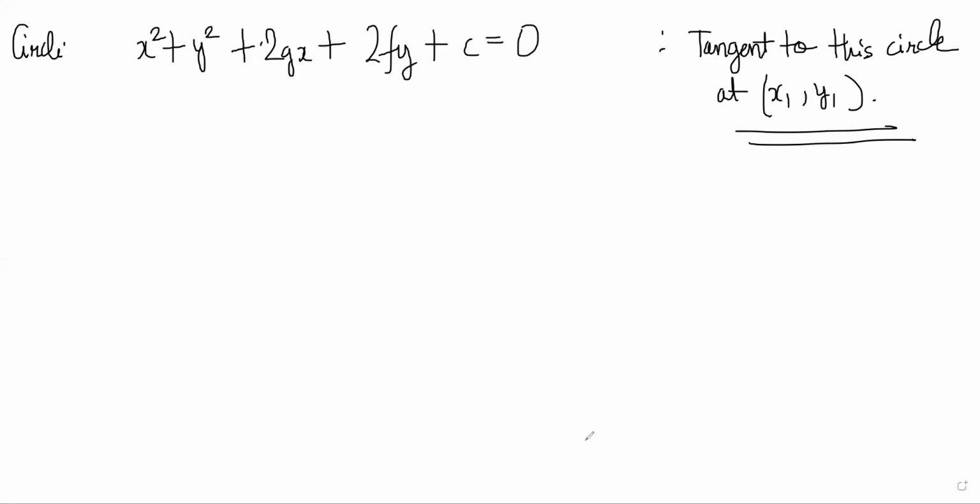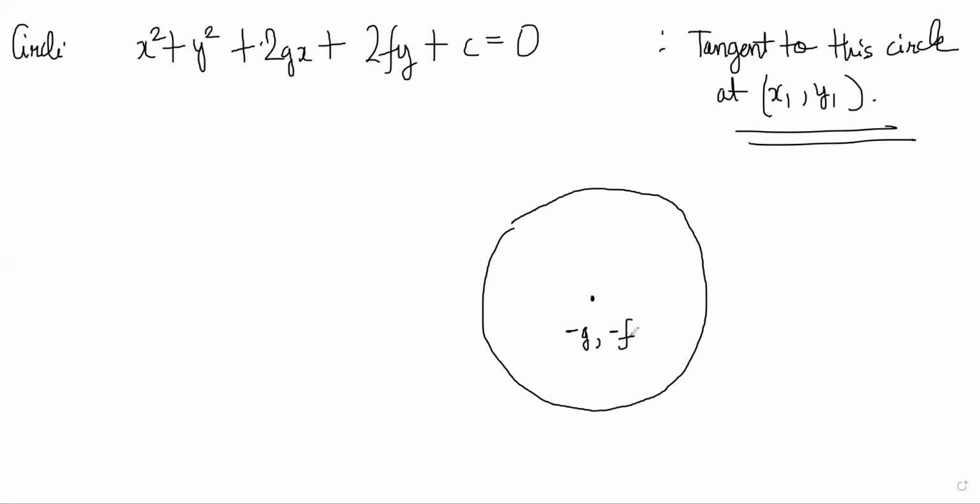So the approach is the same. You have to realize that the circle's center is something else. The equation we have for the circle is in general form, where the center is (negative g, negative f).